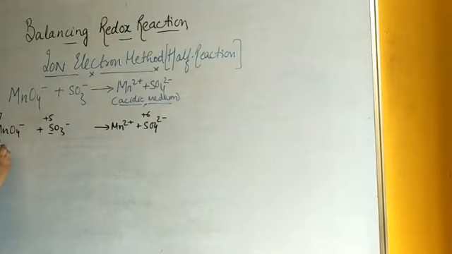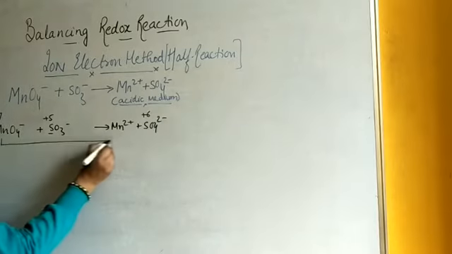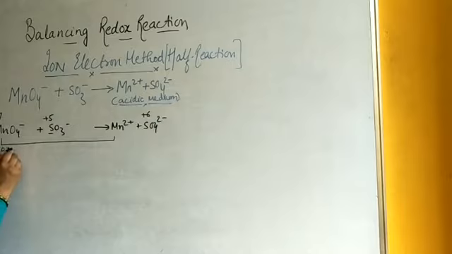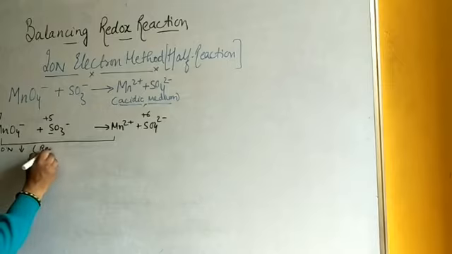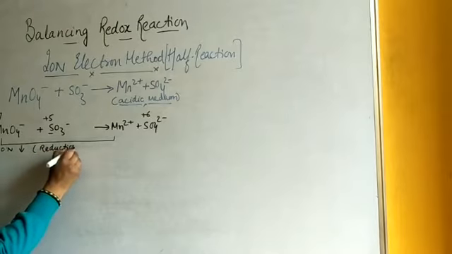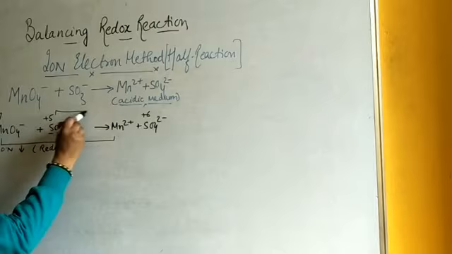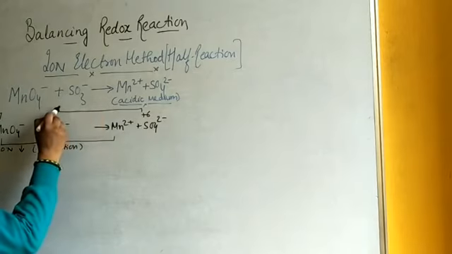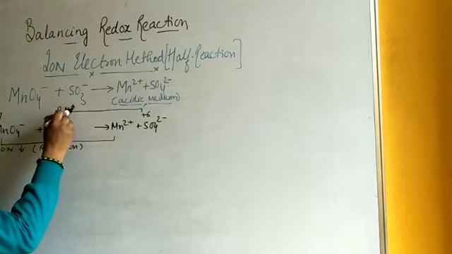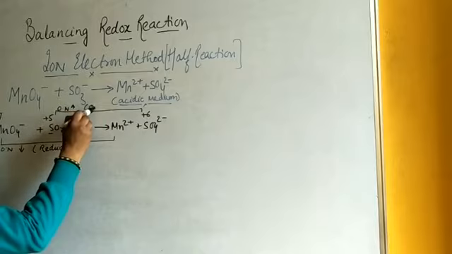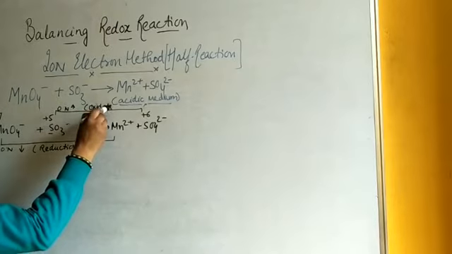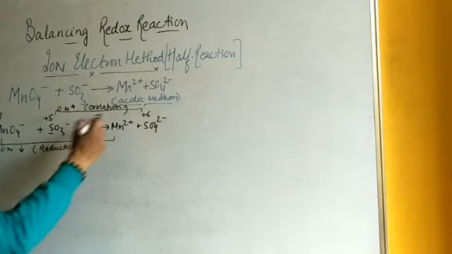Now from here it is easily understood that the oxidation number is decreasing, so reduction is taking place. And here it is plus 5 to plus 6, so the oxidation number has increased, therefore oxidation is taking place, right?